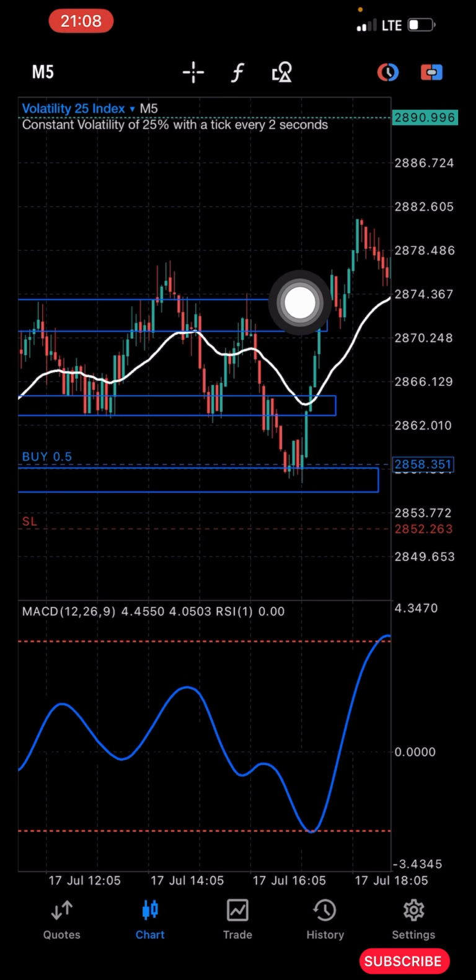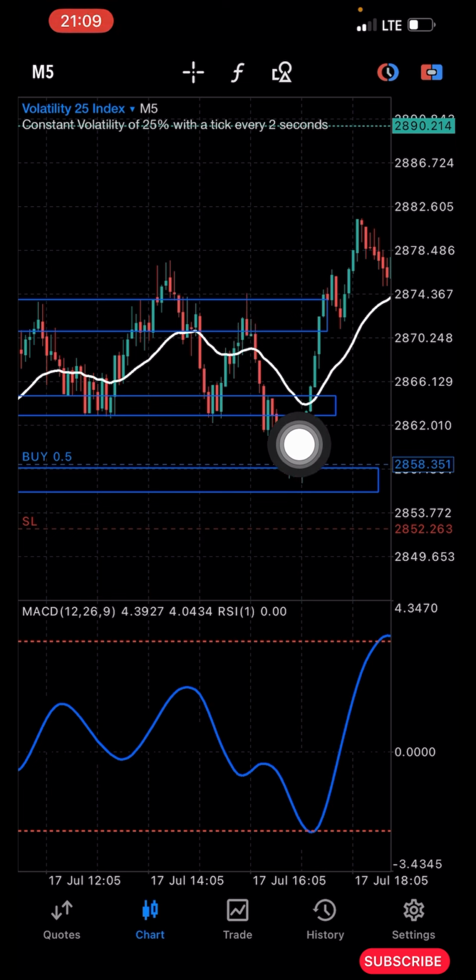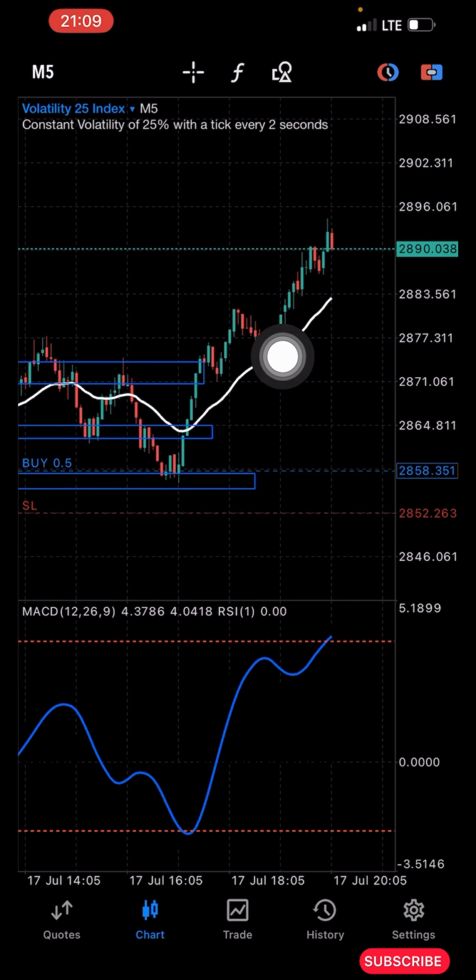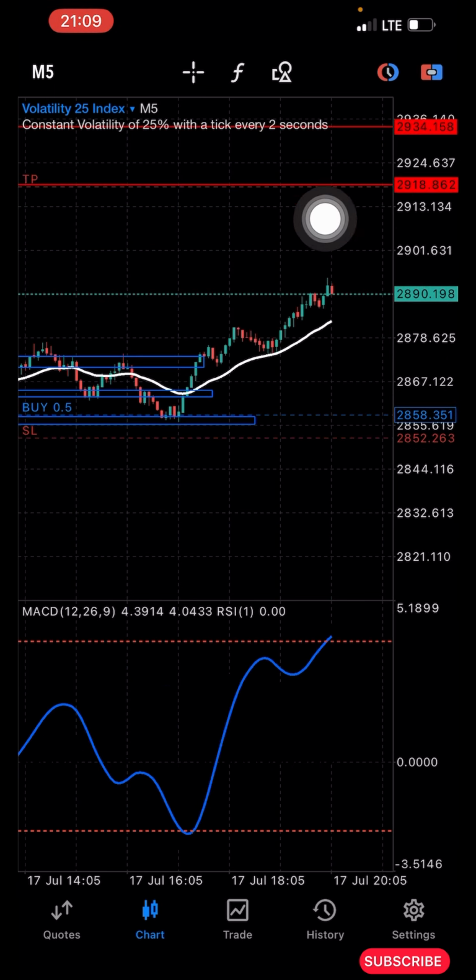It went to this area, got rejected by this resistance, came back down here, triggered my third buy limit order, and then broke above our resistance here, broke again, went up, retested, and you can see it's heading to this area. This is my TP area here, and I'm waiting for price to get there.